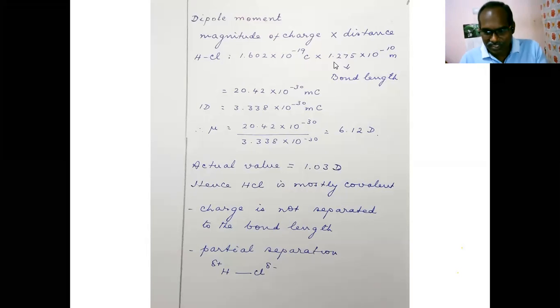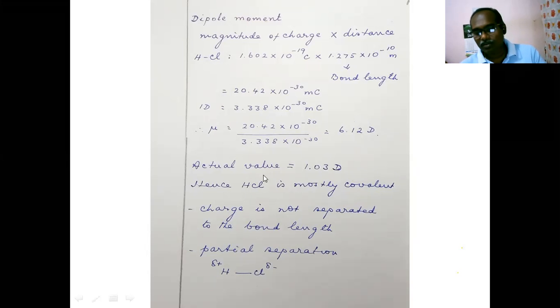So in the case of hydrogen chloride, we have seen the calculation and we have calculated the dipole moment, and the theoretical dipole moment comes to about 6.12 D and the experimental value is 1.03 D. There is a vast difference, and this difference is due to the covalent nature assumed by the molecule.